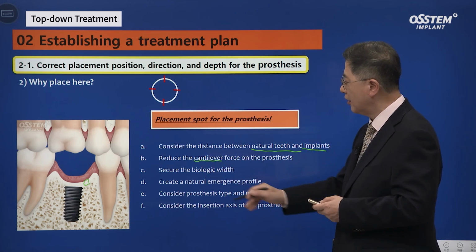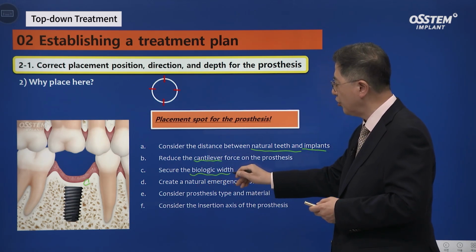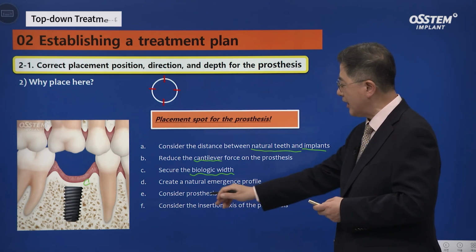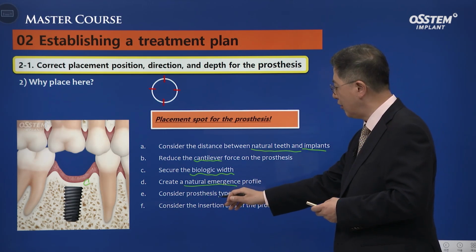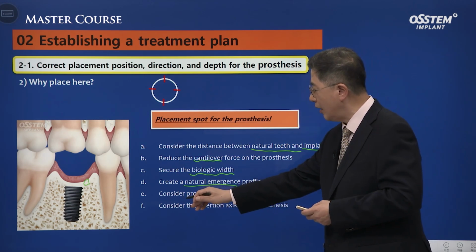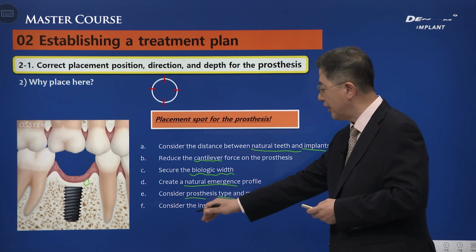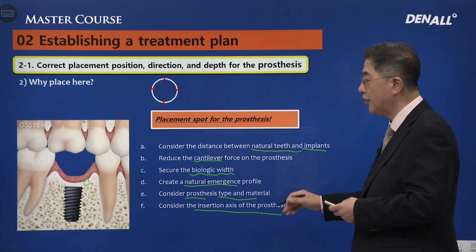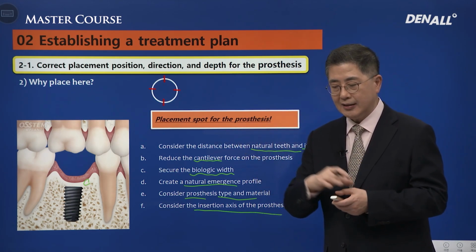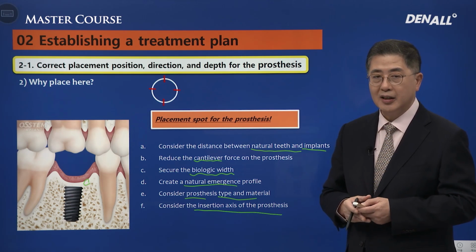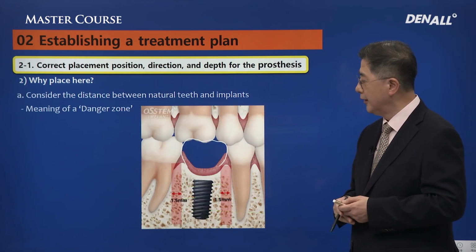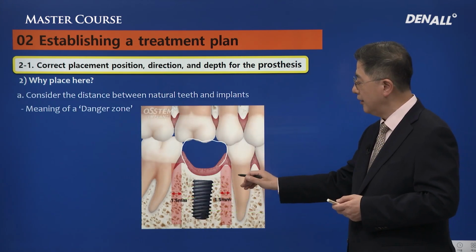Additionally, the design should minimize cantilever effects, ensure vertical biologic width, and resemble the external shape of natural teeth. The space needed for the type of prosthesis and crown must also be secured. These considerations, including the implant's path of insertion, must take into account the ease of connection and removal of the prosthesis, which plays a critical role in determining the optimal direction for implant placement.